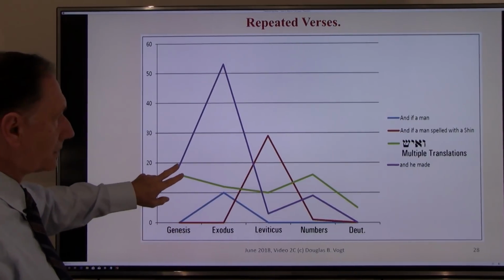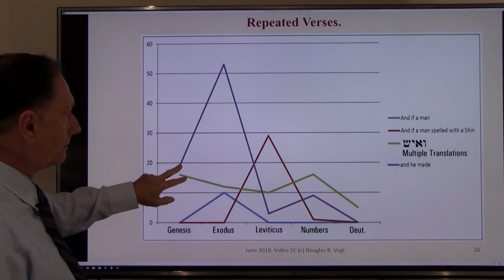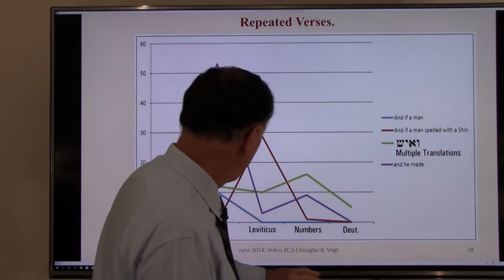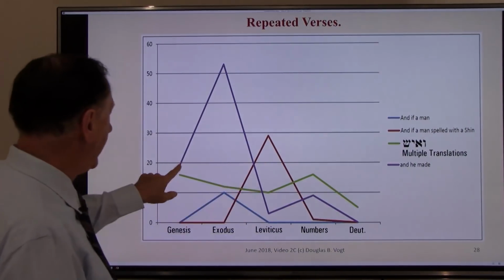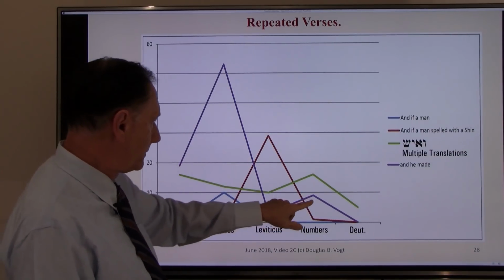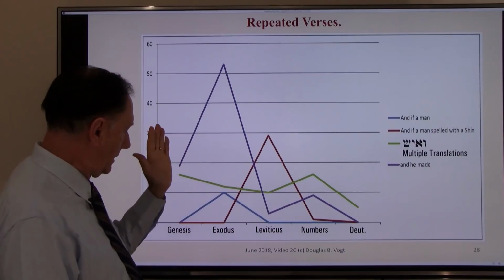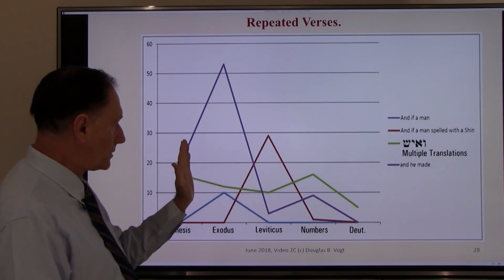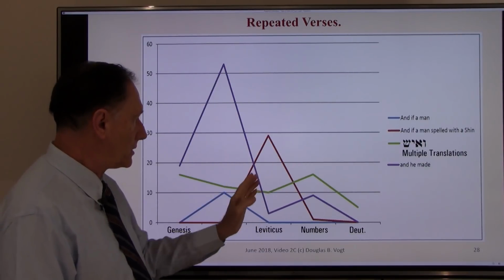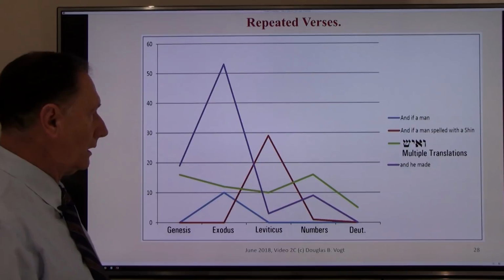Anyway, here's the other words. Genesis, the only thing that was significant was "and if a man." "And he made," in Exodus, drops down in Leviticus, a little bit in Numbers. Notice some of these are loaded down in Genesis, and then Exodus, and then kind of peter off, and then something else rises in Leviticus and Numbers.